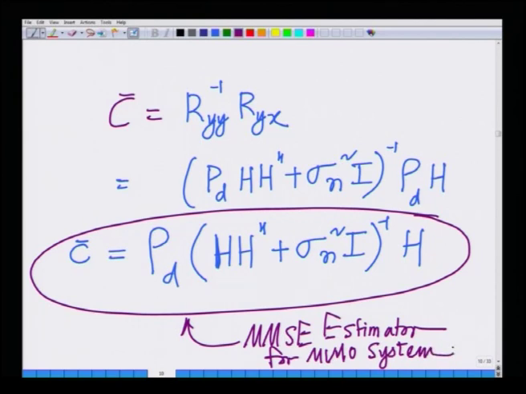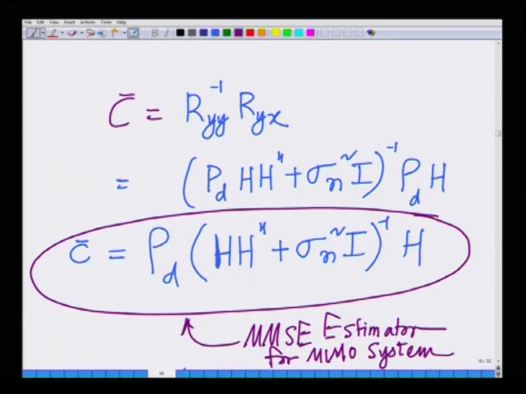This is the MMSE estimator for the MIMO system, where C bar equals P d times h Hermitian plus sigma n squared I inverse into h, where h is the channel matrix, sigma n squared is the noise power at the receiver, and P d is the transmitted data power.